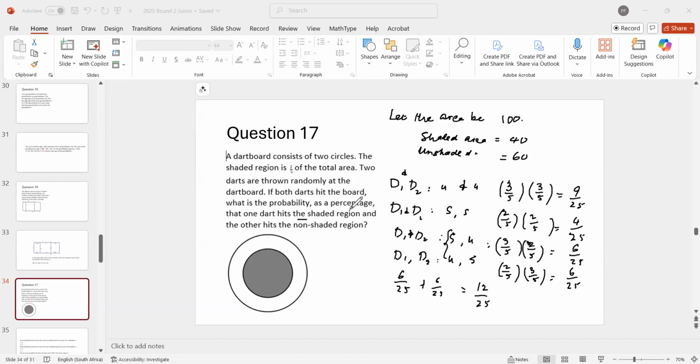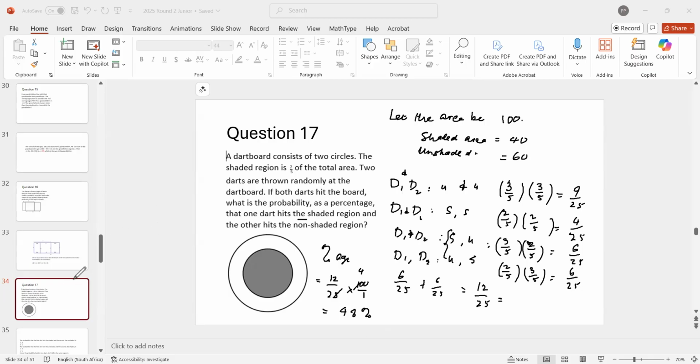Okay. But they want it as a percentage. So this as a percentage is 12 over 25 times 100 over 1. That's how you convert to percentage. 25 goes into 100 4 times. So 4 times 12 is 48. And this as a percentage is 48%. All right.